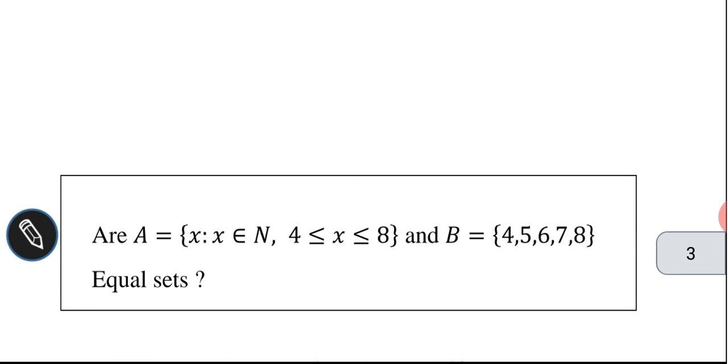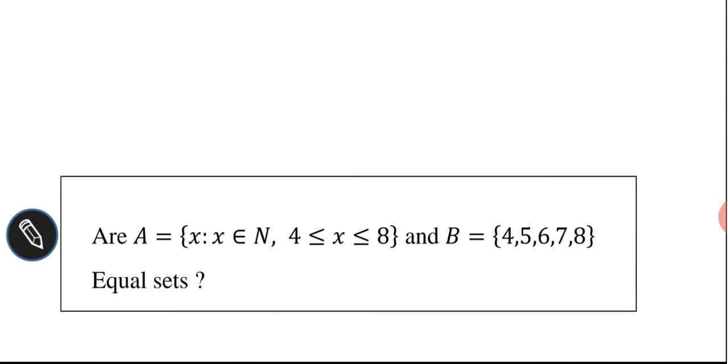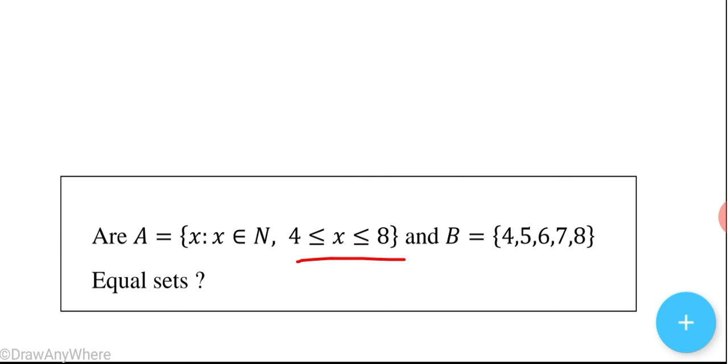Next question. A equals {x such that x belongs to natural numbers N, 4 ≤ x ≤ 8}, and B equals {4, 5, 6, 7, 8}. We have to determine whether the given two sets A and B are equal or not.